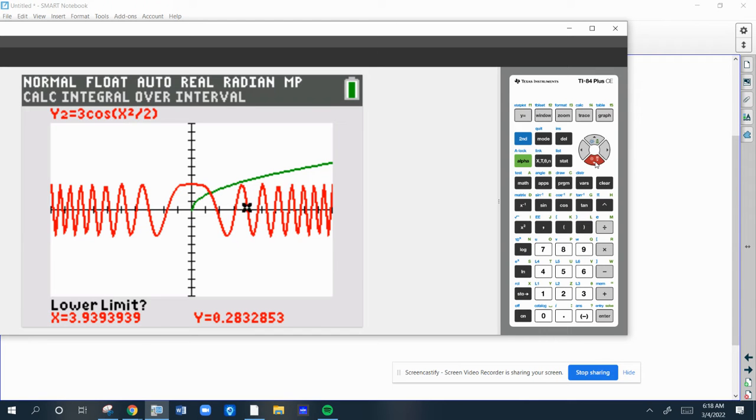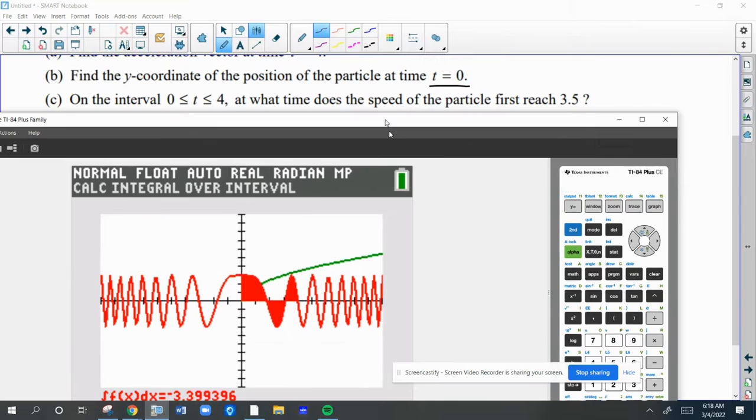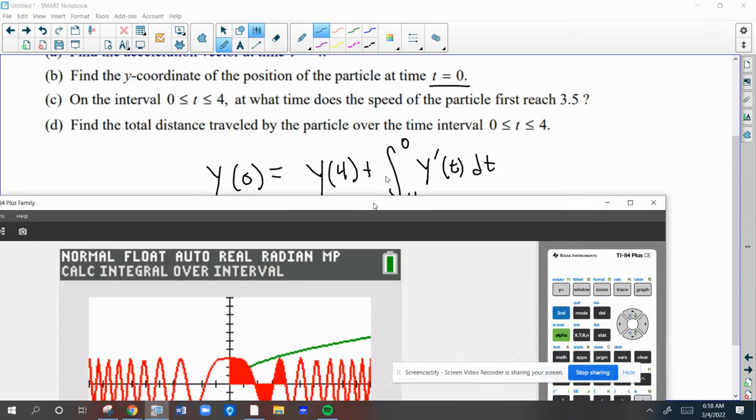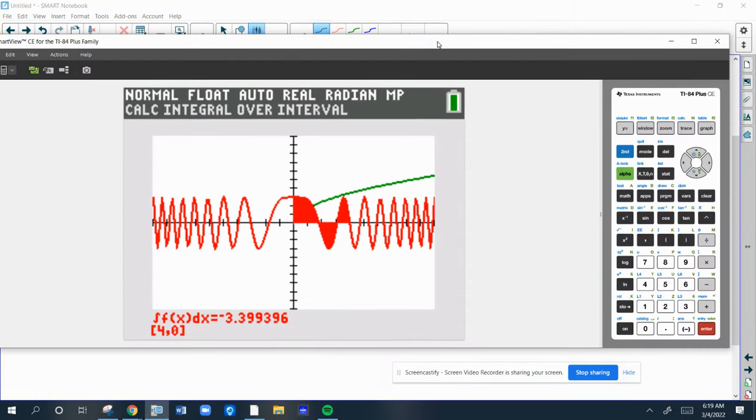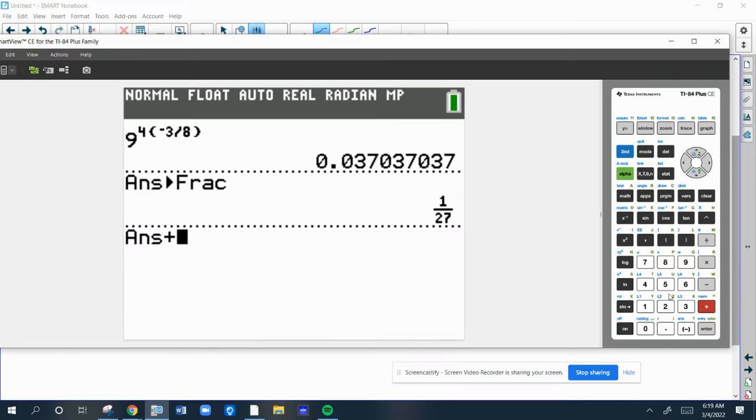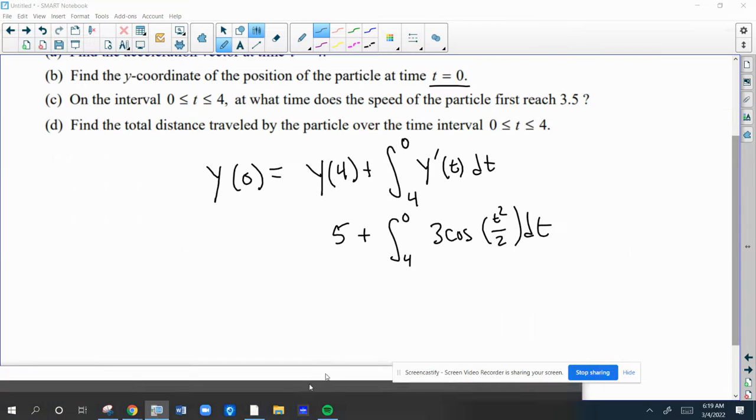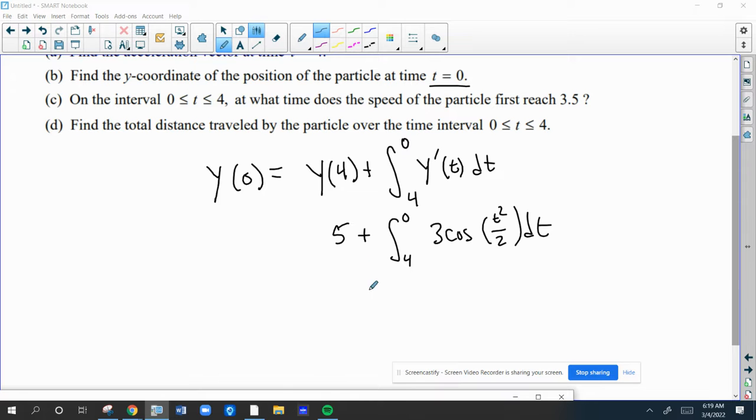So make sure I pick the right graph this time. So the y component from 4 to 0, and it gives me negative 3.399. And remember, I have to add that to the initial position of 5. So I'm just going to hit plus 5. And I got 1.600 or 1.601. And that was B. Pretty easy.